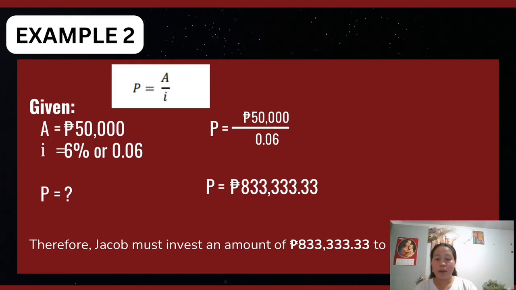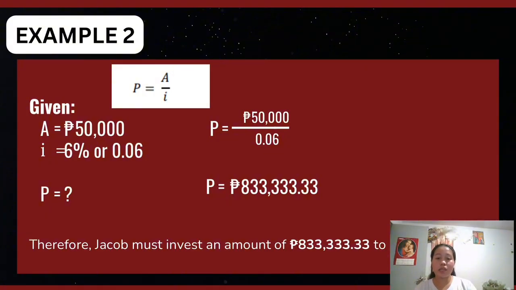So let's apply. Since we already have the given values, the A and the I, let's plug them into our formula. P is equal to 50,000 pesos divided by I, which is 0.06. And let's do the calculations. The result is 833,333 pesos and 33 cents.